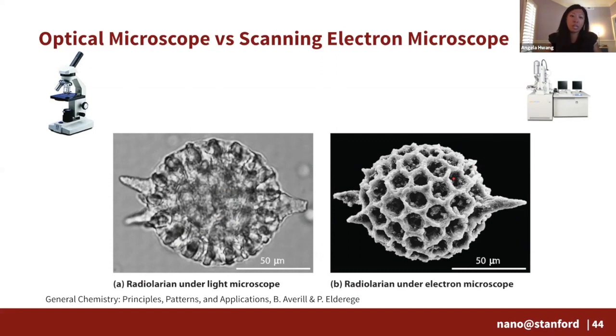You have 400 to 800 nanometers of visible light, whereas the electron microscope can go much smaller. The wavelength of an electron is much, much smaller, so you can then study objects that are much smaller. And the SEM is particularly good because it actually gives you a better depth of field, whereas the optical microscope will only really give you a cross section. So I think this is really cool. The image even looks like it's kind of popping out at you, right?